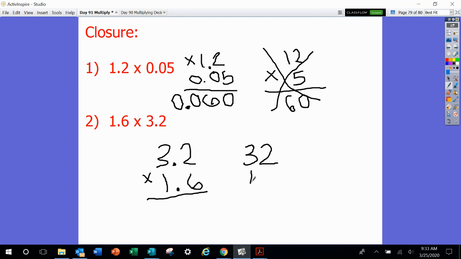32 times 16. Again, I still have all the digits that are there. It's just without the decimal points. So 6 times 2 gives me 12. 6 times 3 is 18. 18 plus 1 is 19.